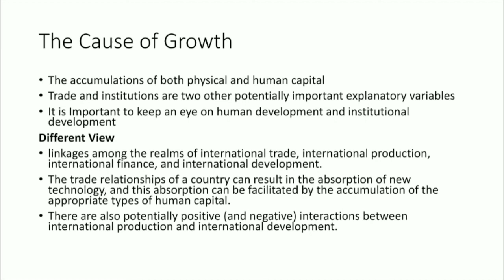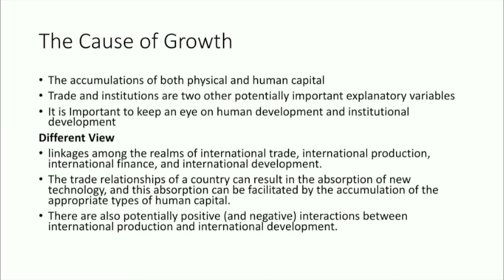you can see the linkages among the realms of international trade, international production, international finance, and international development that we have learned from the previous chapters of international economics.